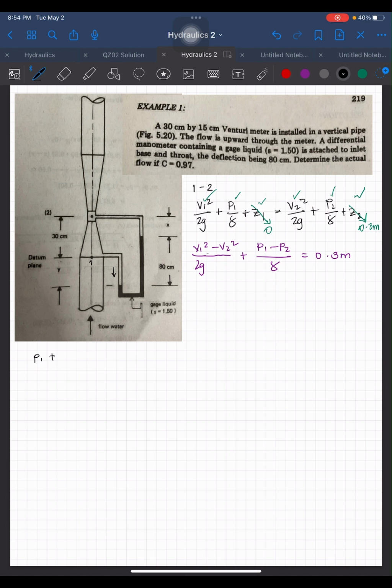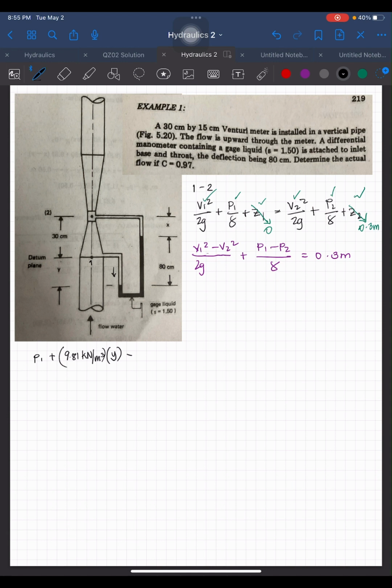Bababa tayo, so that is, sabi naman is water nagpo-flow, so we have gamma H, so that would be 9.81 kilonewton per cubic meter times the height of drop, which is Y.